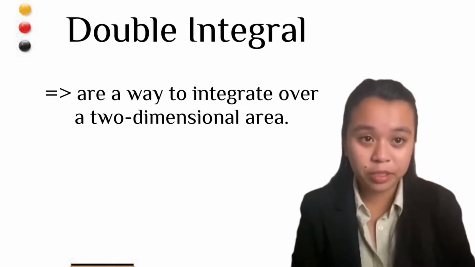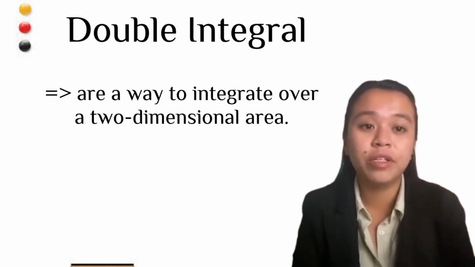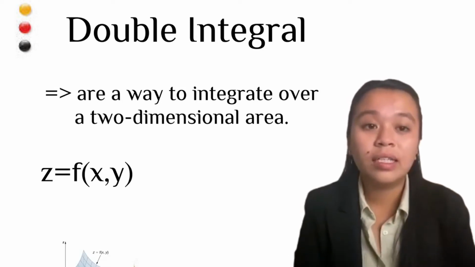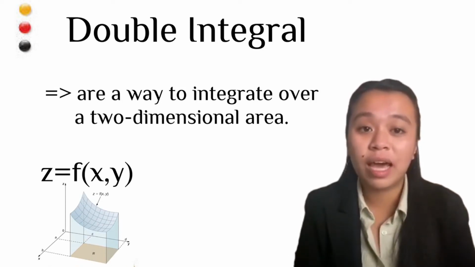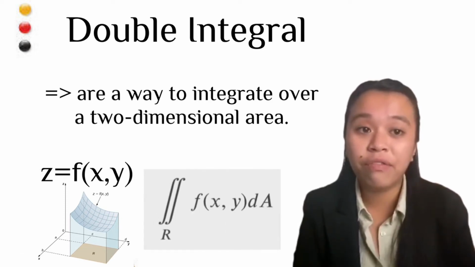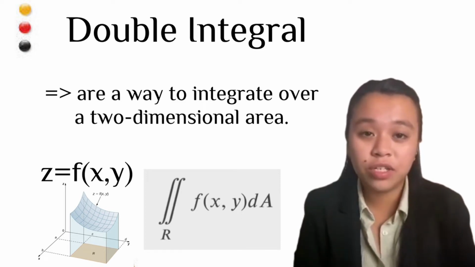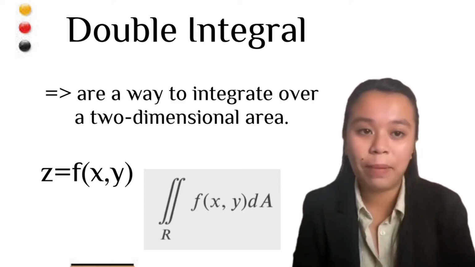Consider, for example, a function of two variables z equals f of x y. The double integral of the function f of x y is denoted by the double integral of f of x y dA over R, where R is the region of integration in the xy plane.